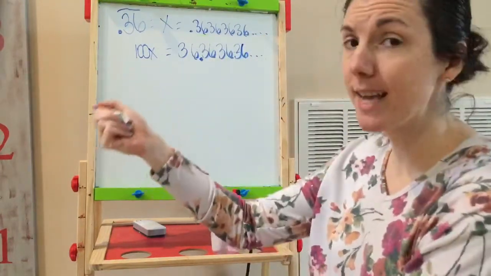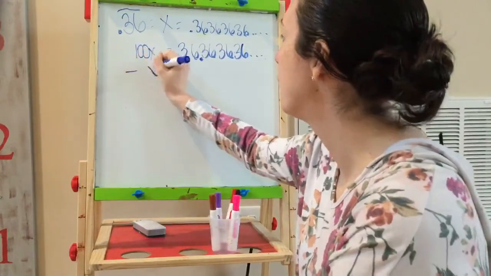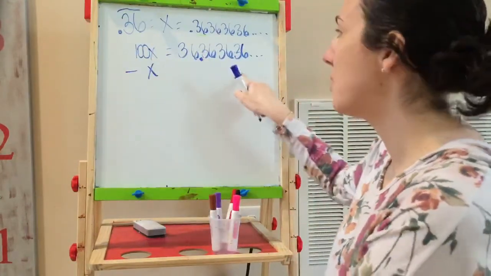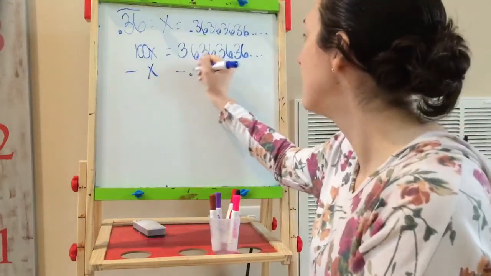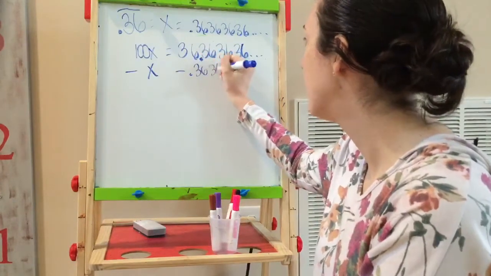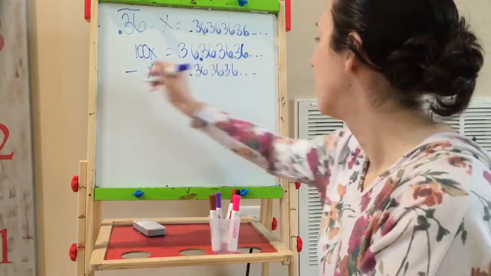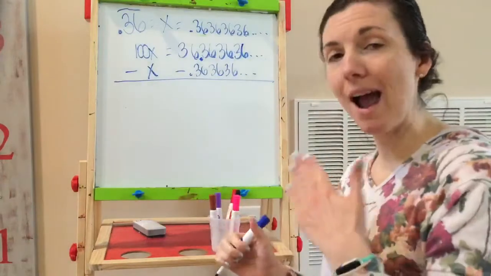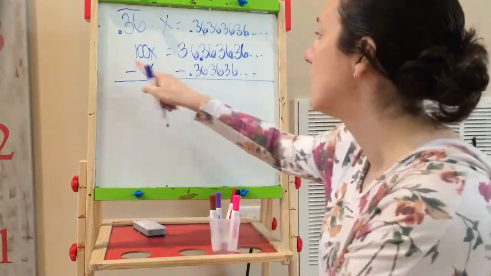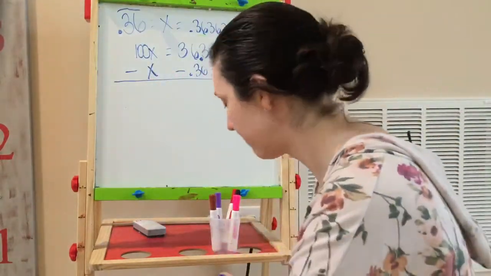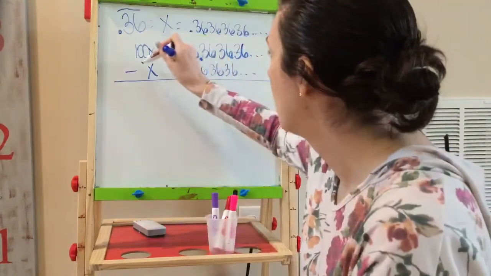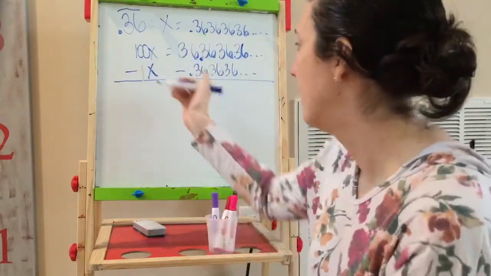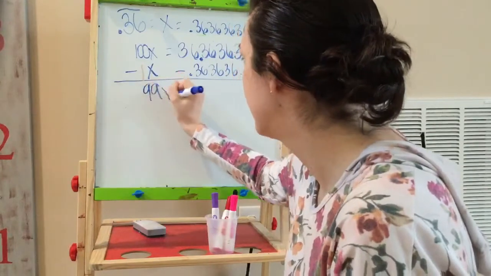So I'm going to subtract x from both sides. So 100x minus x, and then instead of putting the variable over here, I'm going to put what it's equal to numerically, because I want that part after the decimal to cancel out. So 100x minus 1x is 99x.